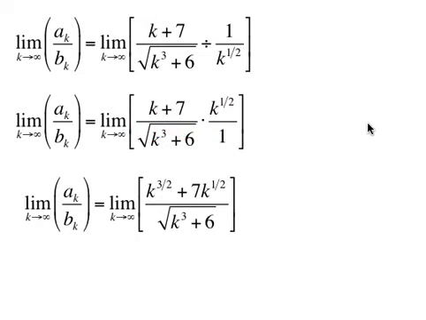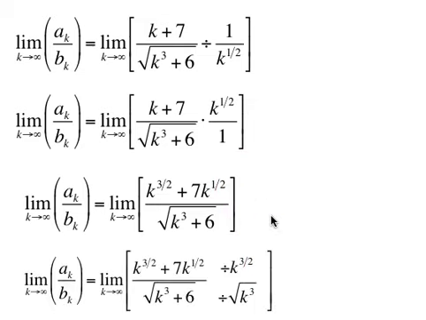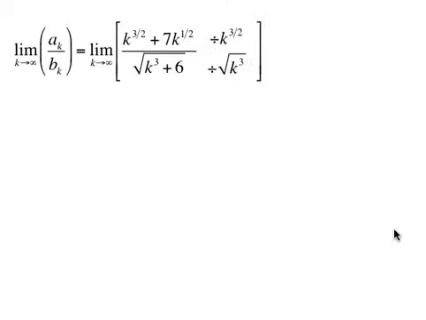And now to do this, we're going to divide the top by k to the 3/2 and divide the bottom by k to the 3/2. So k to the 3/2 divided by k to the 3/2 will be k to the 0, which is 1. K to the 1/2 divided by k to the 3/2 is k to the negative 1. That'll just give me 7 over k.